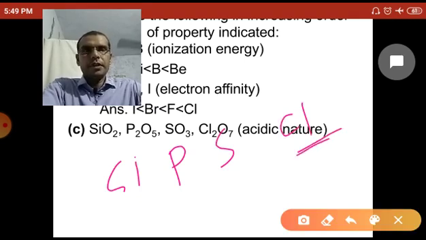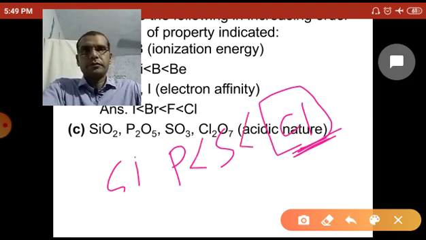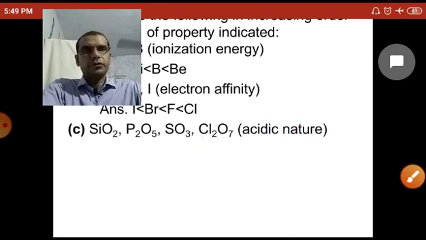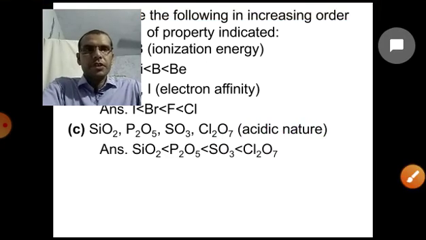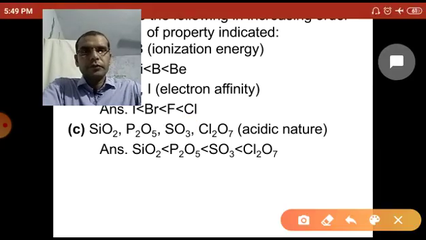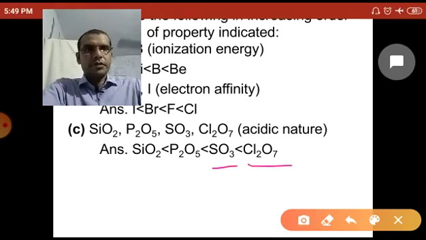So chlorine has the most acidic nature. Chlorine is a non-metal. Chlorine oxide has more acidic nature as compared to sulfur, phosphorus and silicon. So the sequence here is silicon oxide, phosphorus oxide, sulfur trioxide, chlorine oxide.